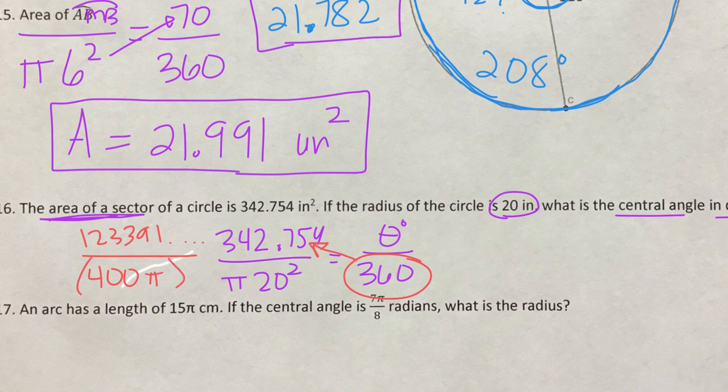If you don't do it in parentheses, your calculator will mess up your calculations. So we have to divide by 400 pi in parentheses so that it knows that 400 pi is the total denominator. So this has a central angle of about 98.2 degrees. We used a degree formula, so our answer is going to be in degrees.